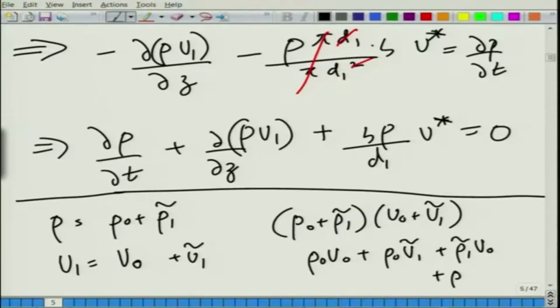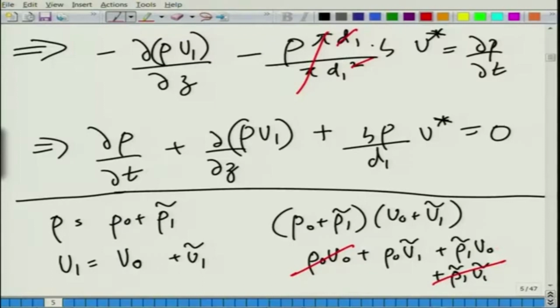So, this is definitely a second order quantity, so this will cancel, and this does not vary with space, so this will also vanish. What we are really left with is rho naught into u 1 plus rho 1 tilde into u naught.